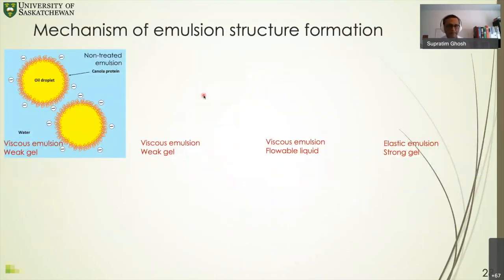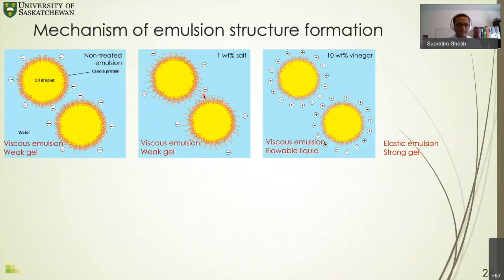So that's the mechanism that we were proposing there: the salt actually improves some of the solubility of the interfacial protein and makes them more repulsive, providing some steric stabilization. When you had vinegar, the pH was lower, they are positively charged, and although the protein becomes more hydrophobic, they have higher electrostatic repulsion, so they can become liquid.